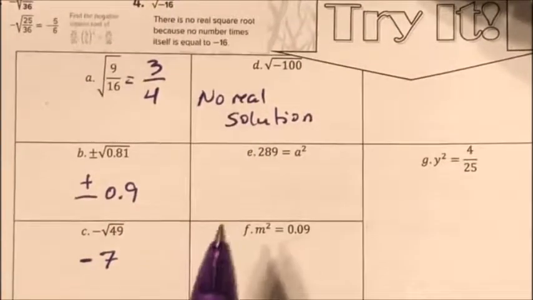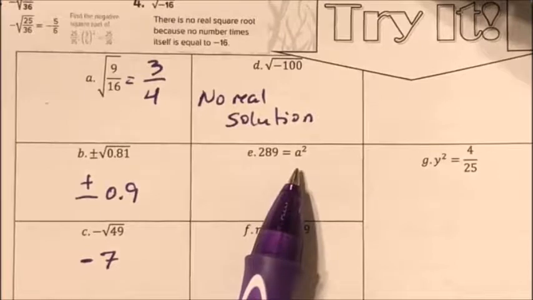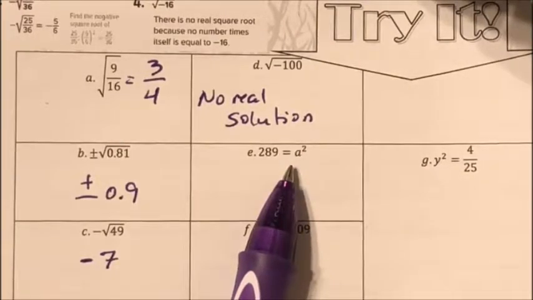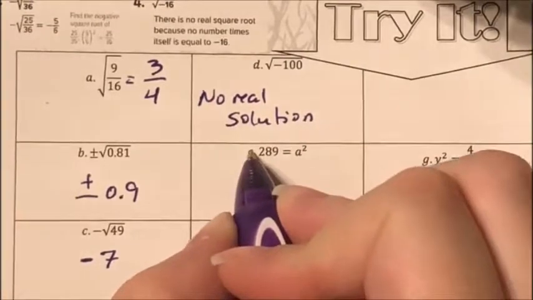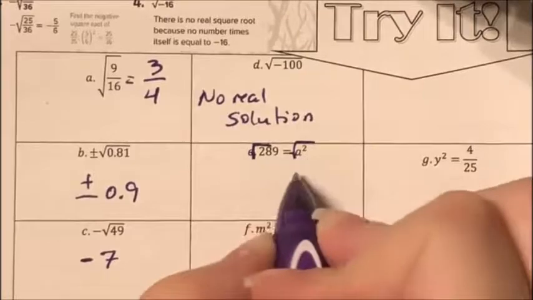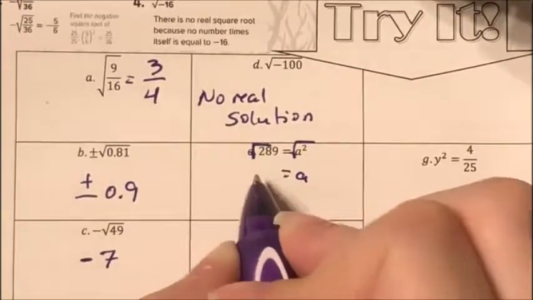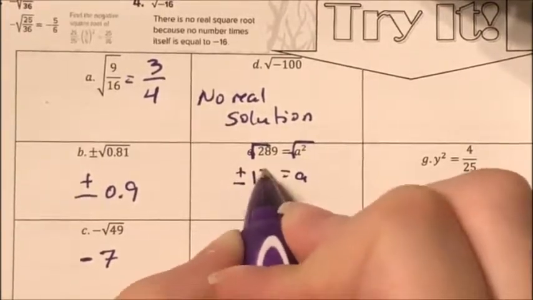Okay. Then I have 289 equals a squared for E. So I can square root both of these. Okay. So when I square root this, I get a equals plus or minus 17.